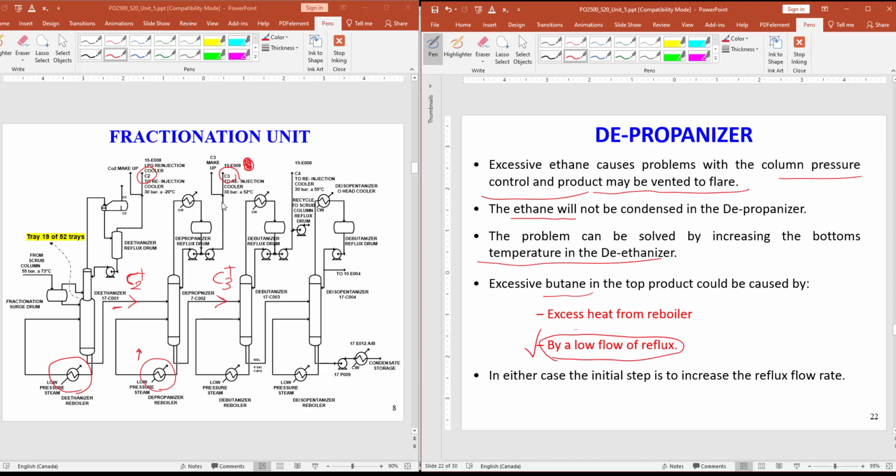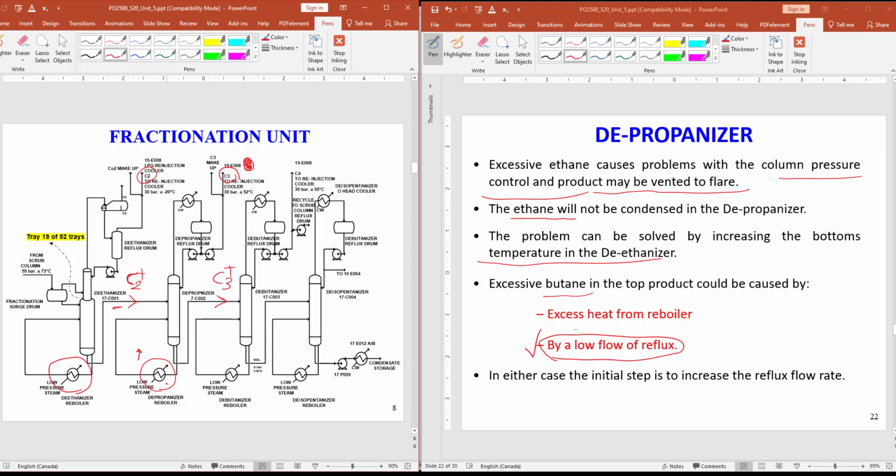The butane that we have here at the top, which is a heavier molecule than propane, might be due to two reasons: high temperature or high loading of the reboiler, that we have more heat input or more temperature in the reboiler than what we need.